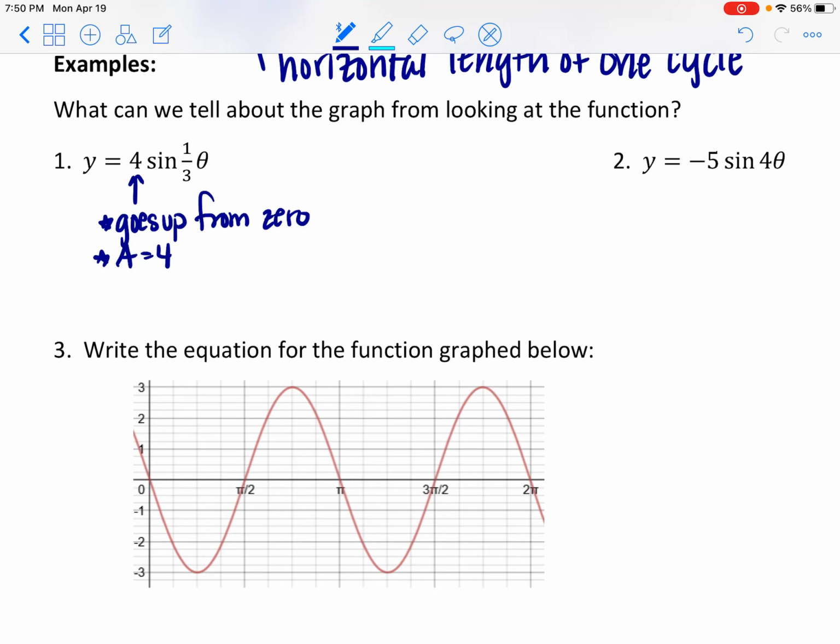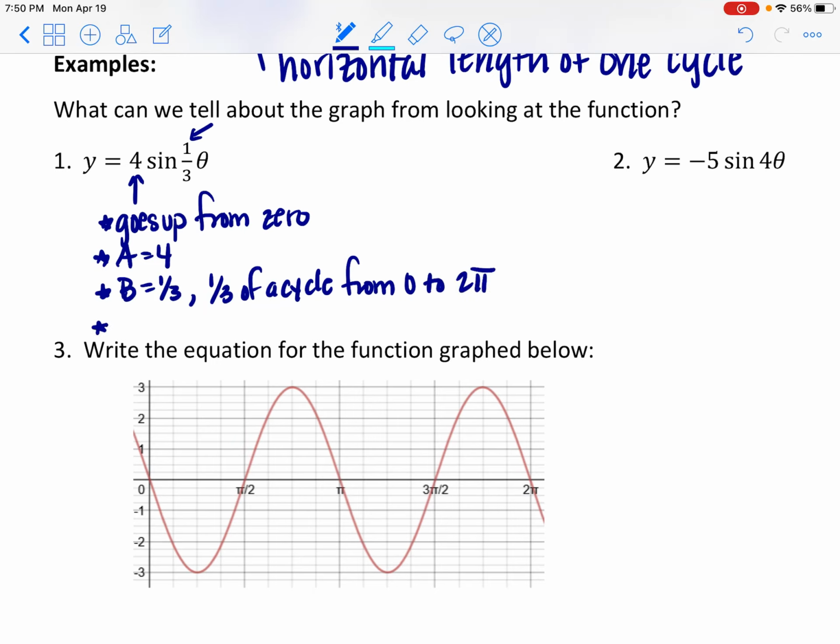And this 1/3 here is also telling me some information about the graph. There's going to be 1/3 of a cycle. So B is 1/3. That means we're going to be looking at 1/3 of a cycle from 0 to 2 pi.